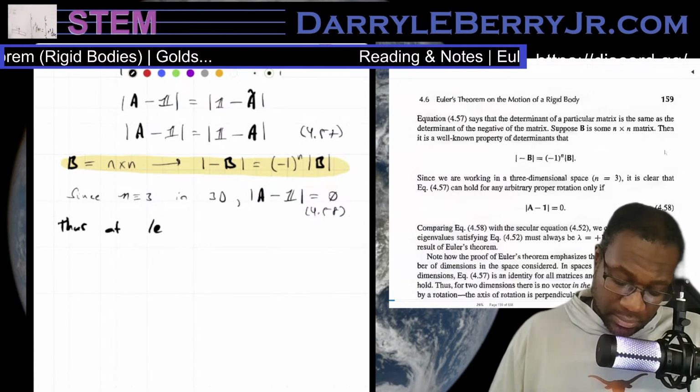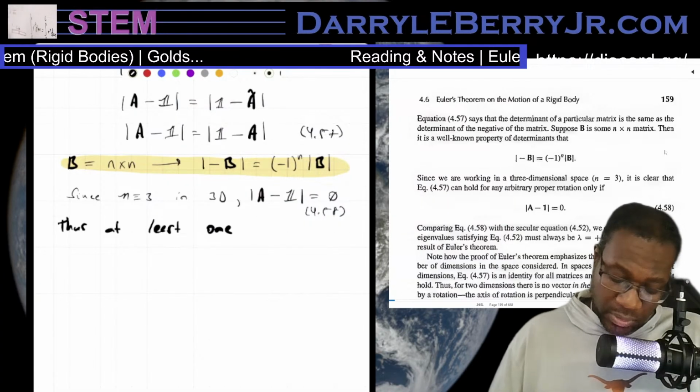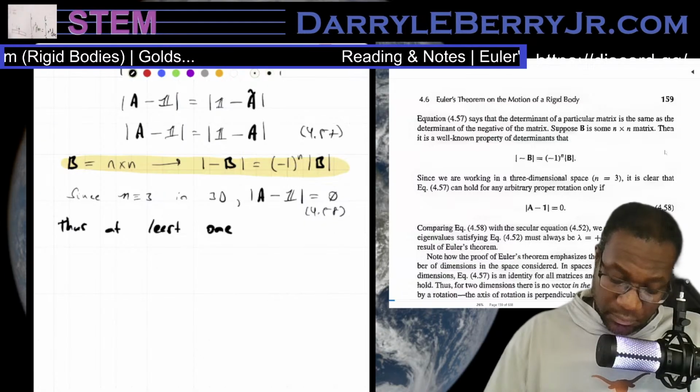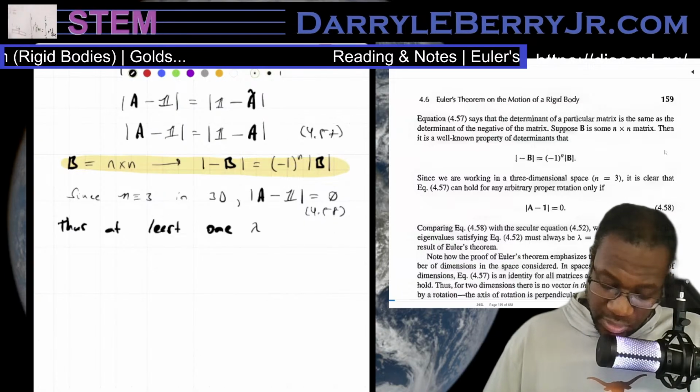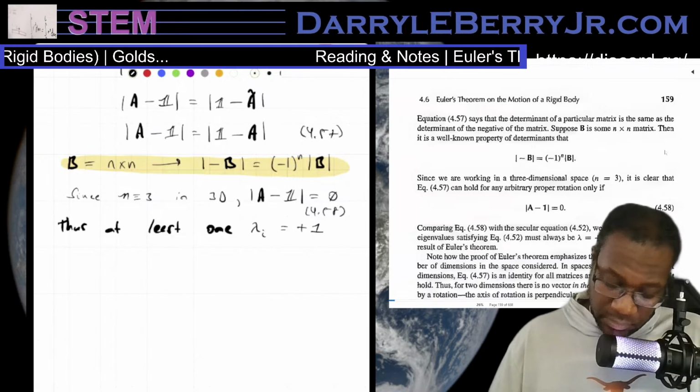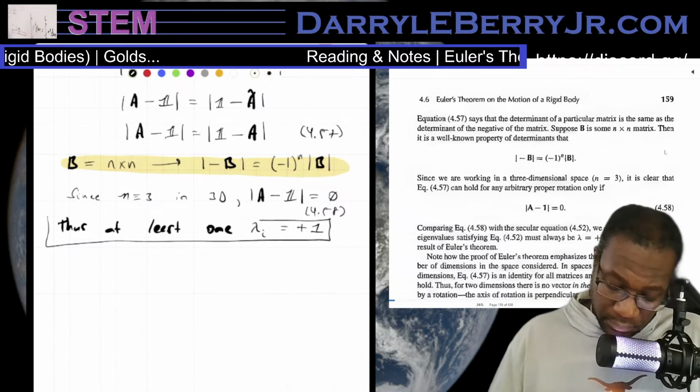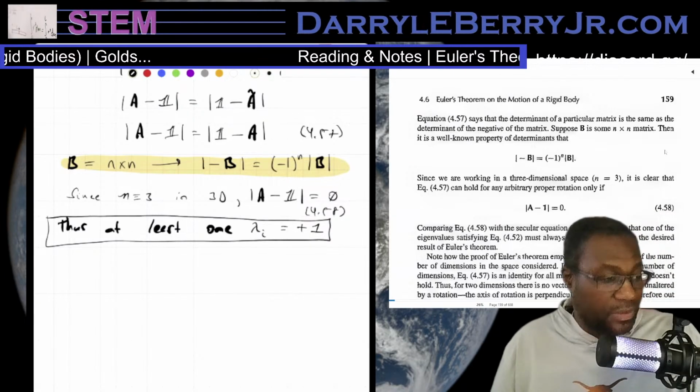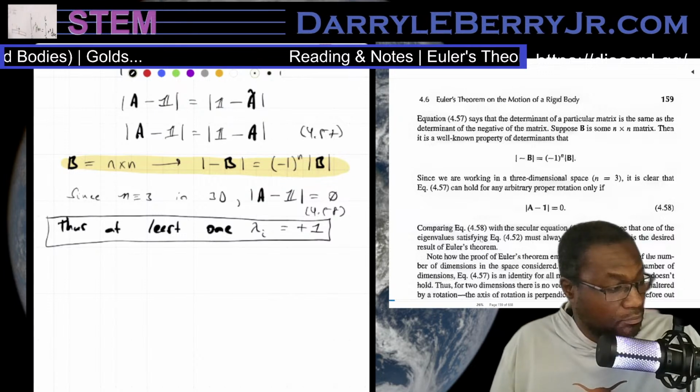Thus, at least one equals 1, because one axis is being rotated around.